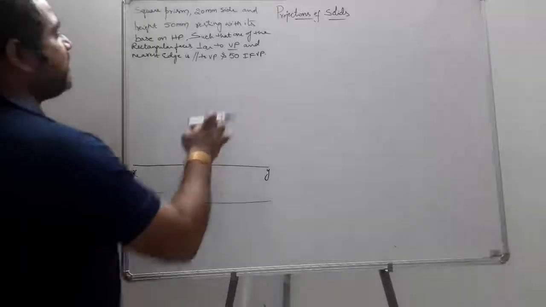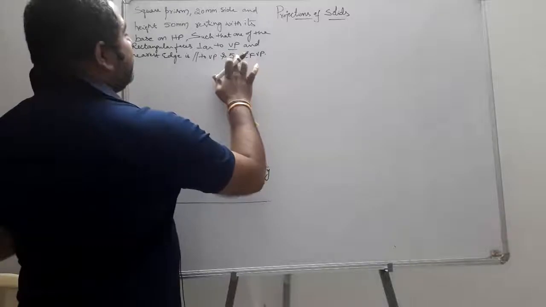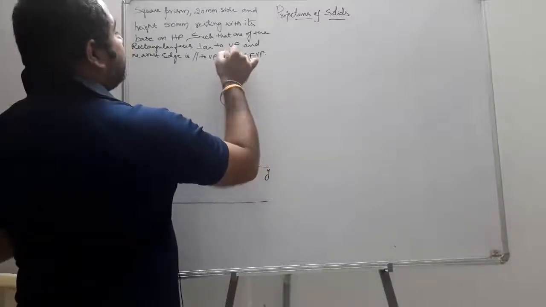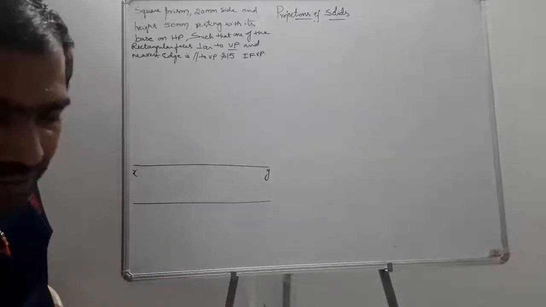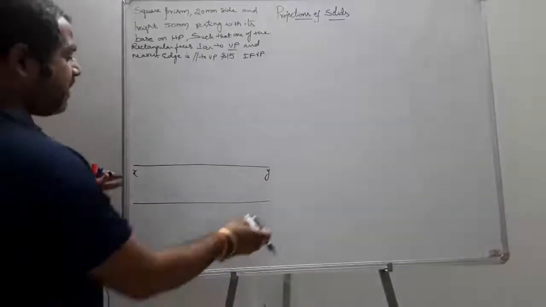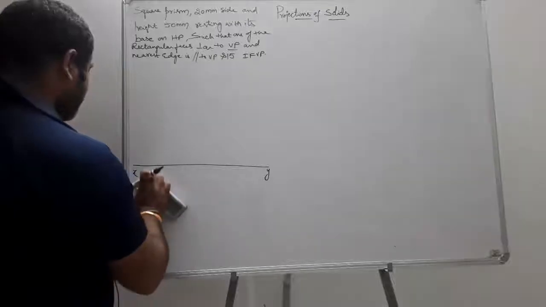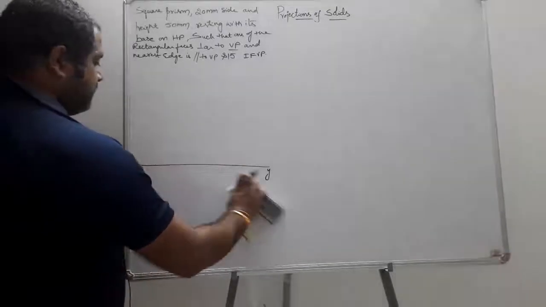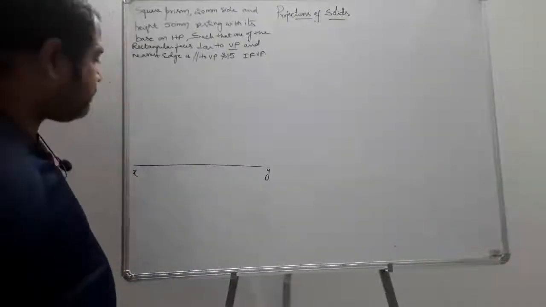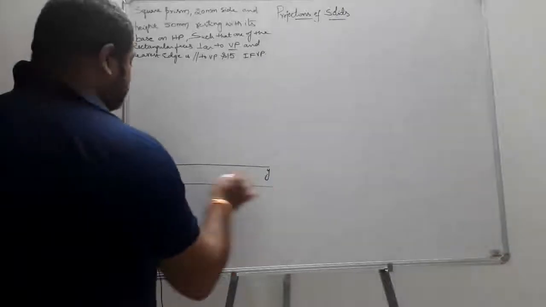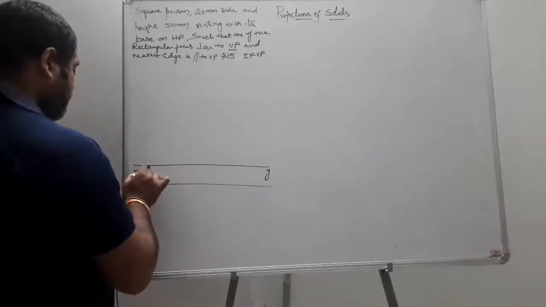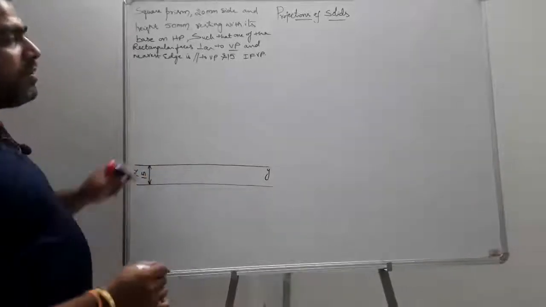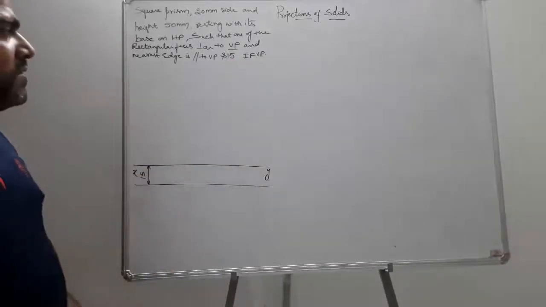Let us consider it as some 5 or 15 or 10, whatever it should be. I just consider some 15. So this becomes the locus of 15. Why? Because in front of VP means below the XY line.